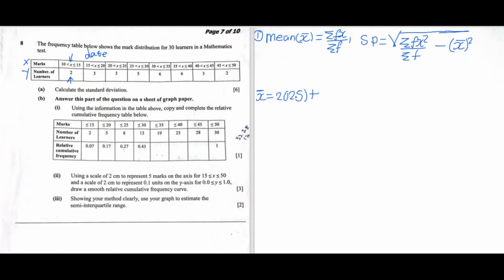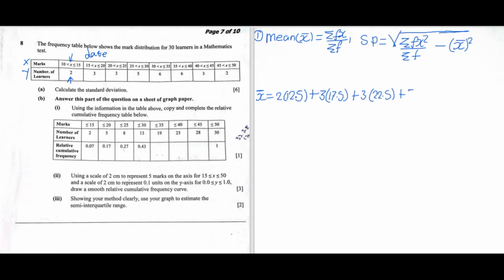Then the second step, we move on. The second frequency is 3, multiplied by the midpoint of 15 and 20. 15 plus 20 is 35, divided by 2, so the midpoint is 17.5. Plus another frequency 3, then we have 20 plus 25, which is 45 divided by 2, so multiply by 22.5.